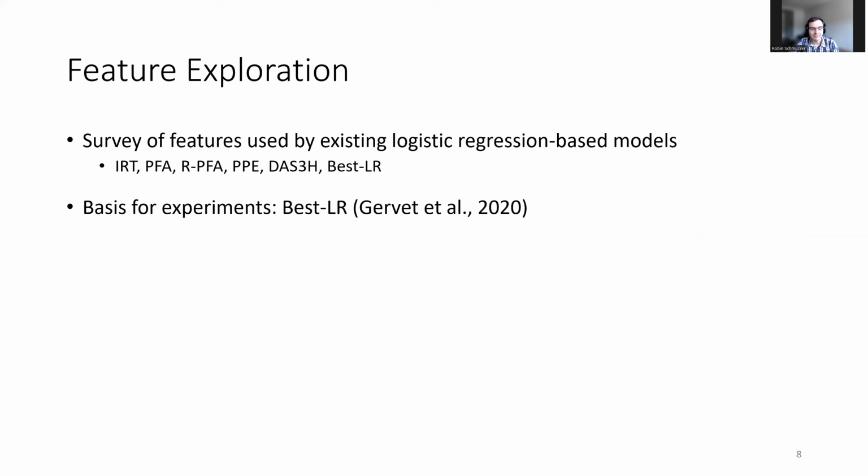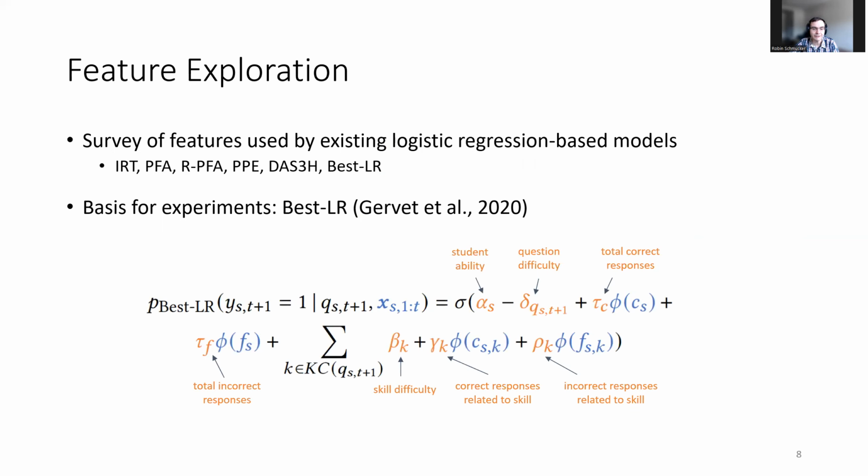It is the prior best logistic regression-based student performance model, and it was formed by combining features from existing logistic regression-based models. To take a closer look at how this model is structured, we can see here the way BestLR computes its performance predictions. We color-coded the variables such that the blue variables represent features which are computed from the student history, and the orange parameters are values that are learned from student data.